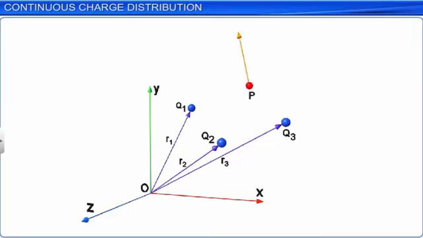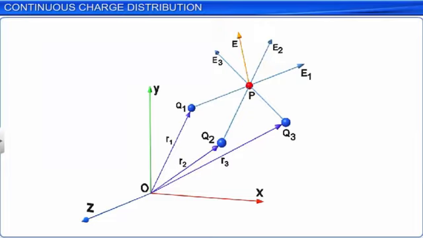The net electric field strength E at the point P is the superposition of all the electric field strengths E1, E2, E3 and so on due to the individual charges Q1, Q2, Q3 and so on respectively.